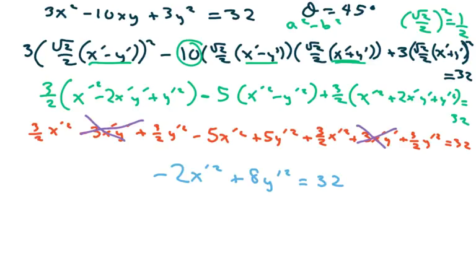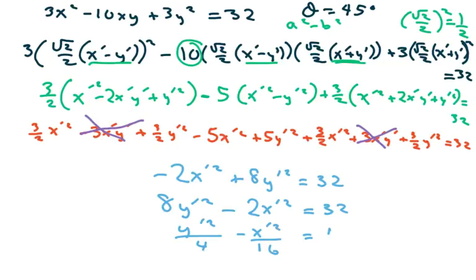And we don't want to lead with negatives, so I'm going to rearrange these. It's 8y prime squared minus 2x prime squared equals 32. Now I'm going to divide everything by 32, and you're going to get y prime squared over 4 minus x prime squared over 16 equals 1.